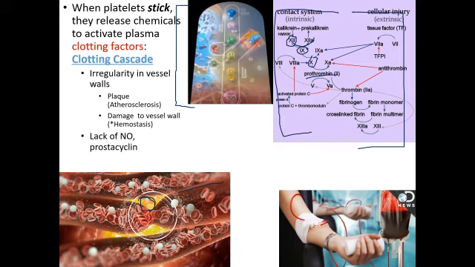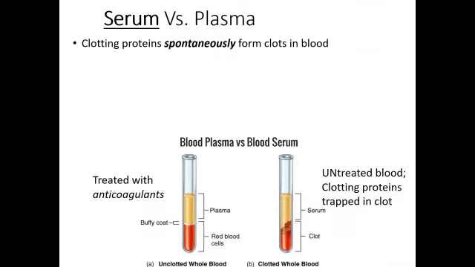And so when you remove blood from the body, the platelets are no longer getting those signals. And so blood that is removed from the body automatically clots, right, forms clots. And so that has implications for the removal of blood from the body.